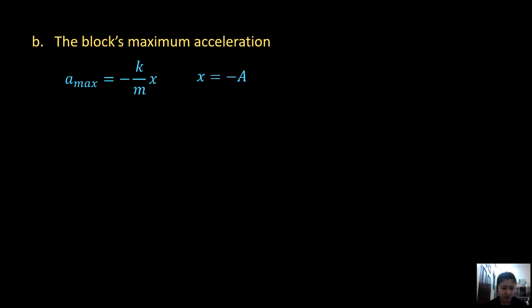So we change the x into the negative amplitude in the formula. We get maximum acceleration equals negative k over m multiplied by the negative amplitude. Negative times negative is positive, so the negative signs cancel out.